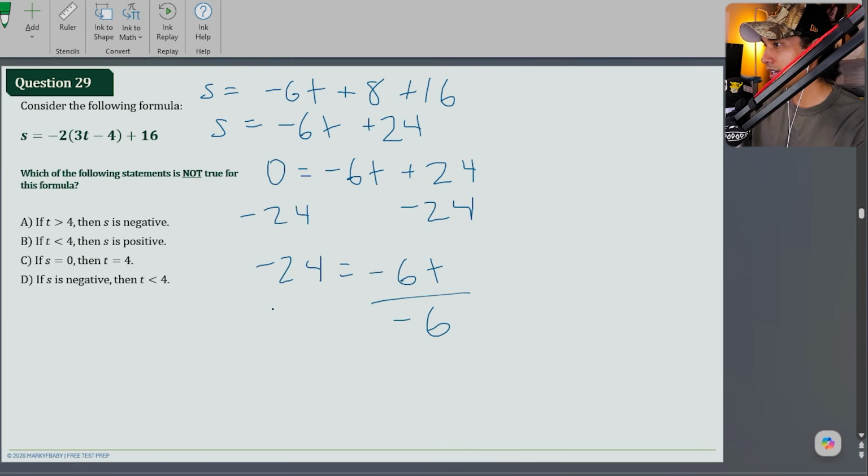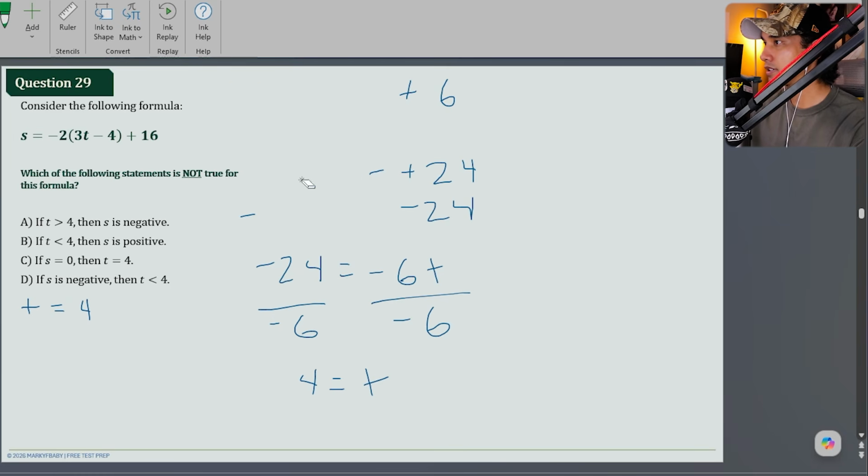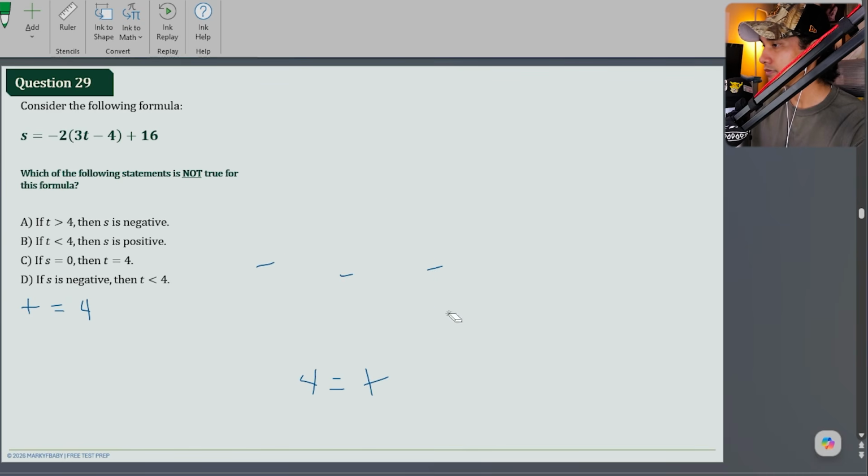Divide by -6, divide by -6. And then we get 4 equaling t. I'm going to put that here, t equals 4. Let's go find out what happens above and below the cutoff, just like our last question. This one most likely will be on the test, so don't be afraid of it.